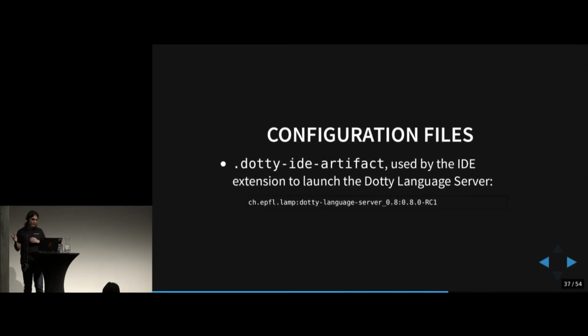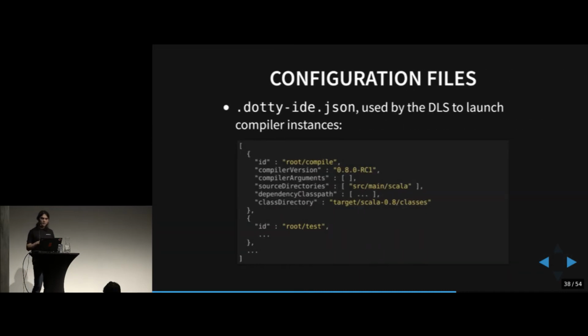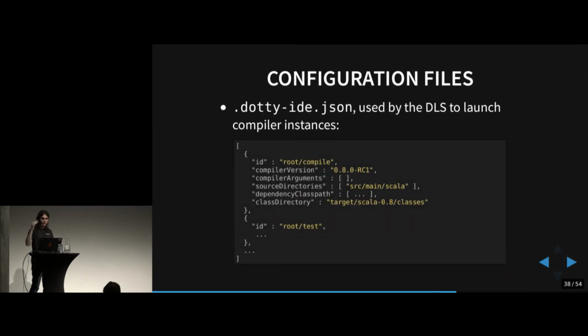So we do that by generating two configuration files, one which just has the current version of the Dotty language server for this project, and another which has things like, for each of your sub-projects, what's the compiler version, what flags do I need to pass to the compiler, what are the source directories, what's my class path, where are my output classes.